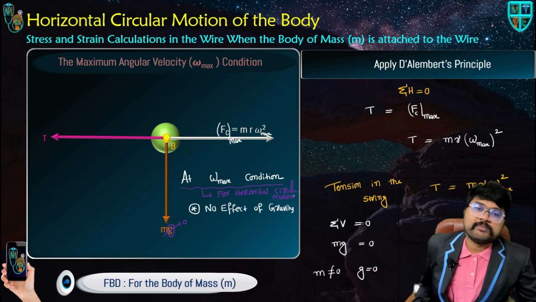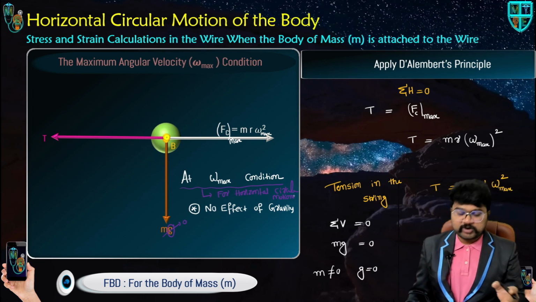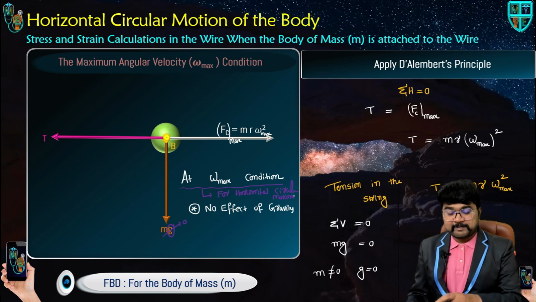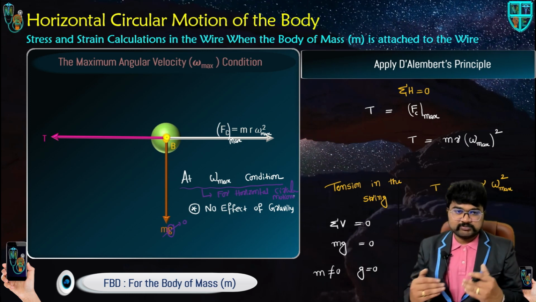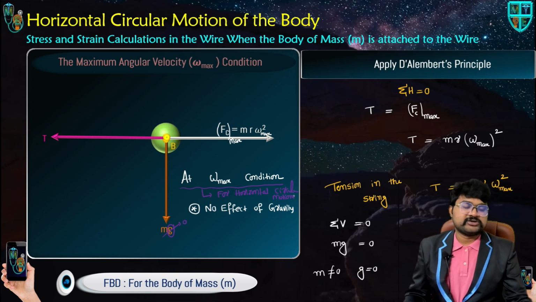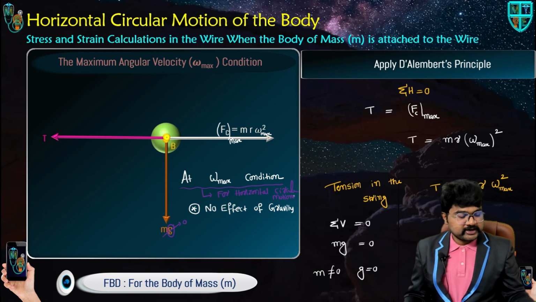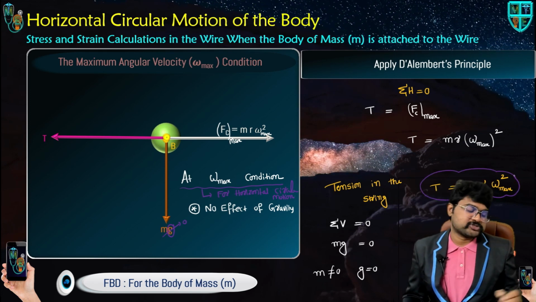It is one of the important relations for horizontal circular motion of the body and maximum angular velocity condition. If you apply both, no effect of gravity, acceleration due to gravity equal to 0, tension in the string is m r omega maximum square.